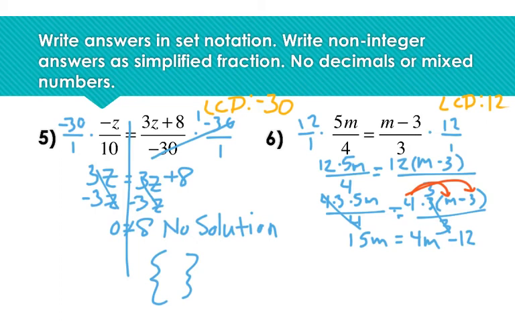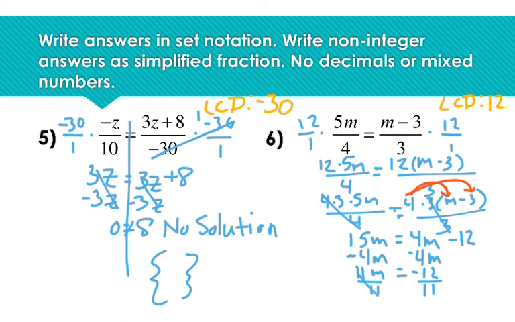Now to continue, we're going to subtract 4 m's from both sides of our equation and get 11 m's equals negative 12. Dividing it by 11, we find that this is our fraction for m, because we can simplify 11 divided by 11.